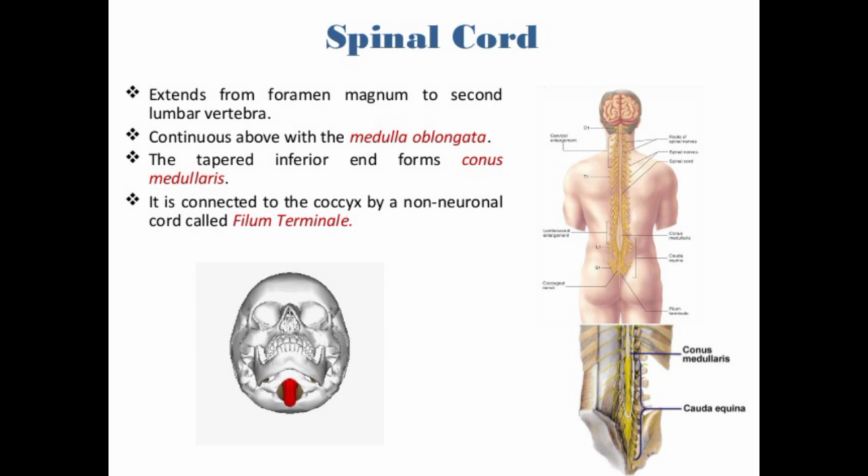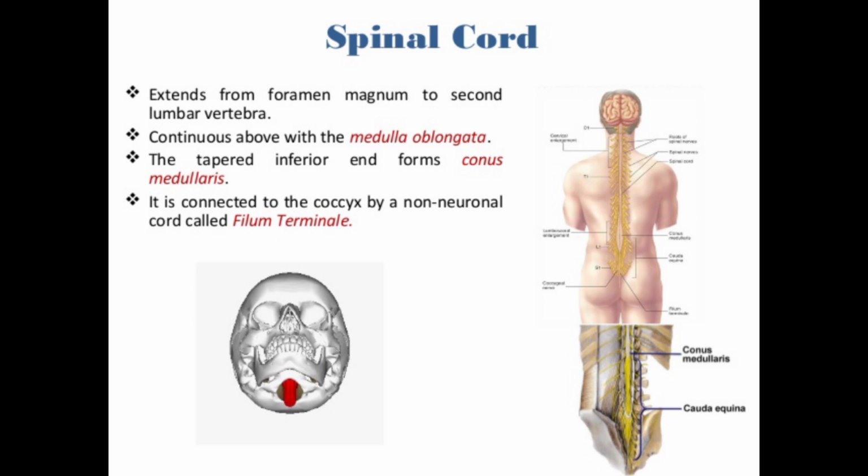This is in the adult. If they ask you in the adult, it will end at the lower border of the first lumbar vertebra, whereas in the newborn, the cord terminates at the level of L3 lumbar vertebra.